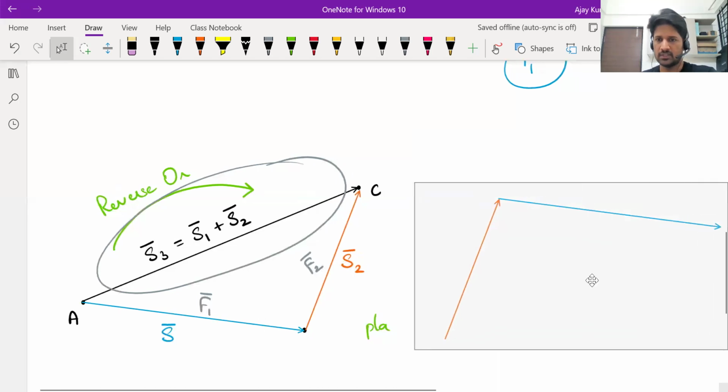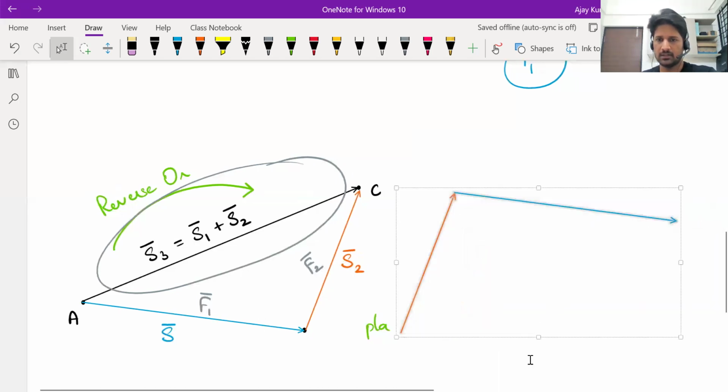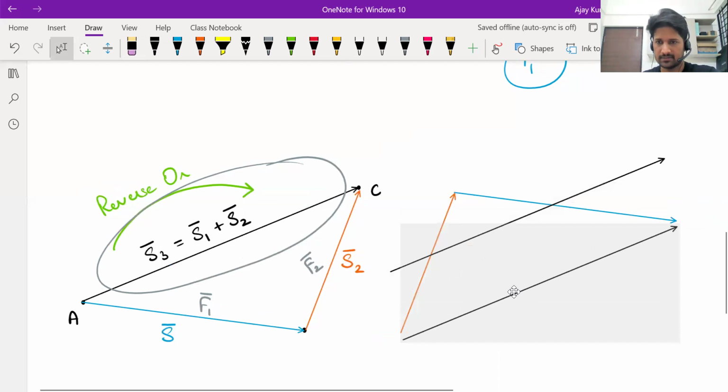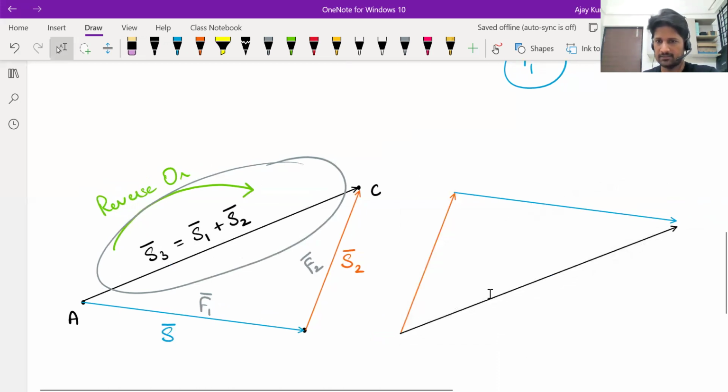So take S2 first followed by S1. Now they are in order. Tail of one vector is at the head of the next. You will see that the resultant will still be the same. I'm simply copy pasting it and I can adjust that it fits exactly here. Okay, it will become the third side of the triangle.